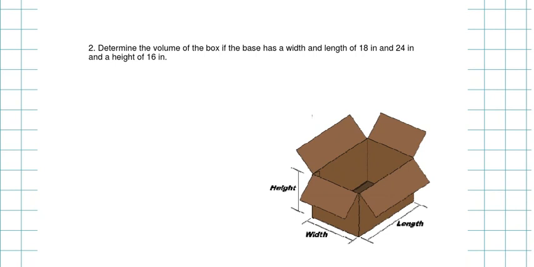So determine the volume of a box if the base has a width and length of 18 and 24 inches and the height is 16 inches, okay? So I know my length and width and I know my height. So it's a matter of just multiplying them all together. Make sure that when you do that all your units are the same.